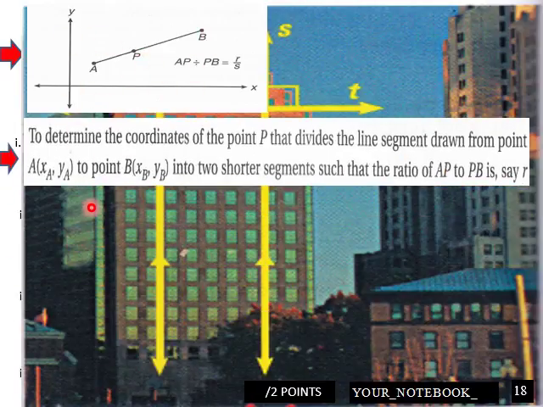To determine the coordinates of point P that divides the line segment into 2 shorter segments such that the ratio of AP to PB is R to S, this would be R divided by S, which is AP divided by PB.